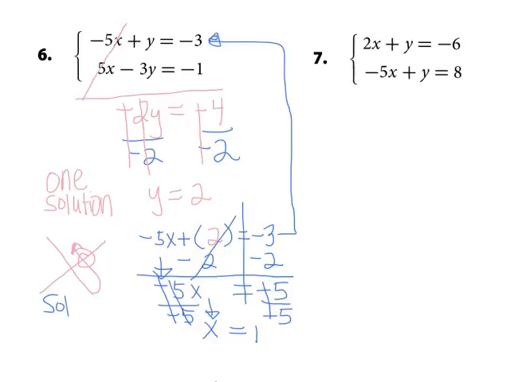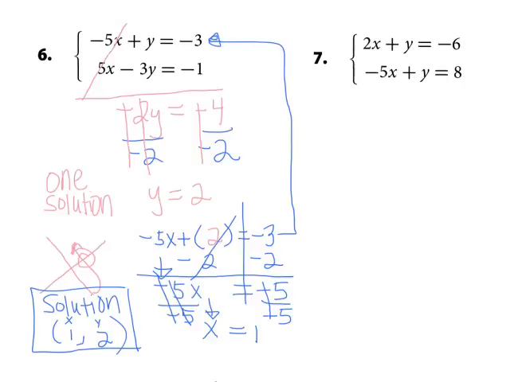My solution to this problem is x, which is 1, and y, which is 2. And this is my solution, that point, the point where the lines cross or intersect.